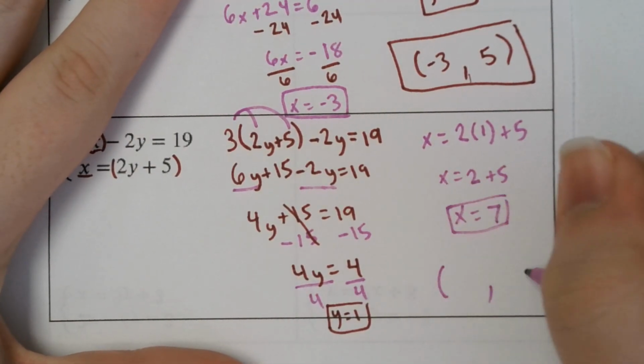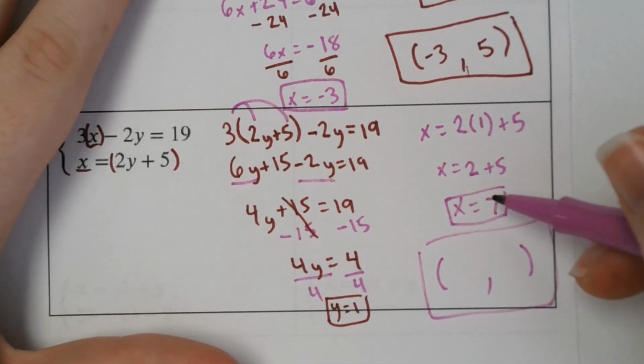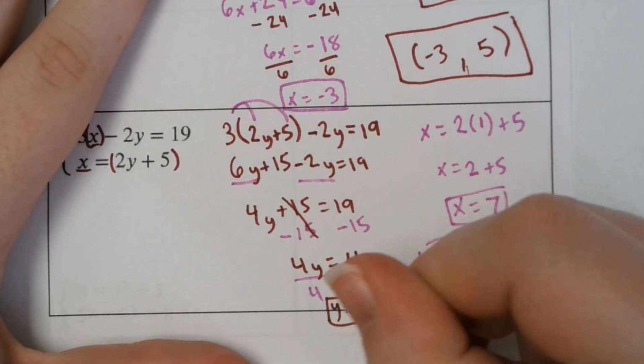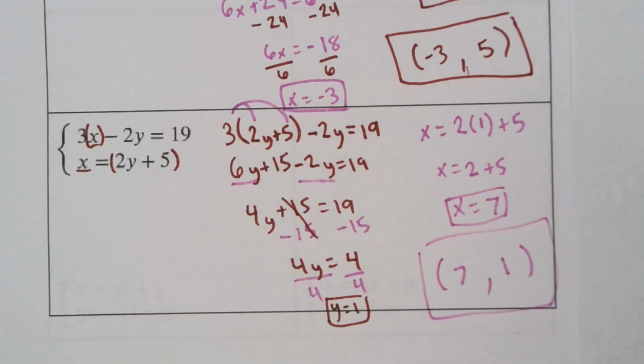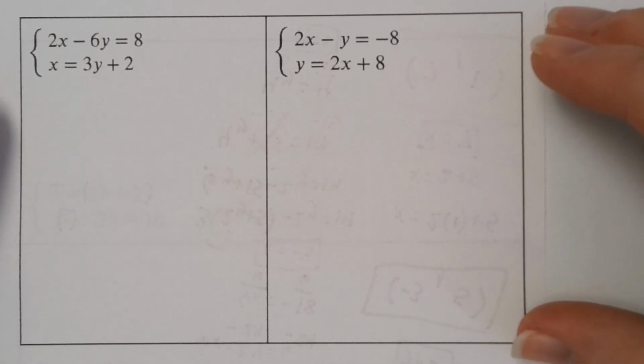And our ordered pair, your x value goes first. Our x value is 7. Our y value is 1. So that's our solution. Okay. Any questions on that one? Sweet. We have 2 more examples.